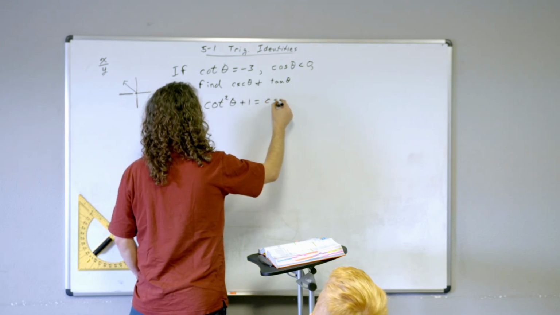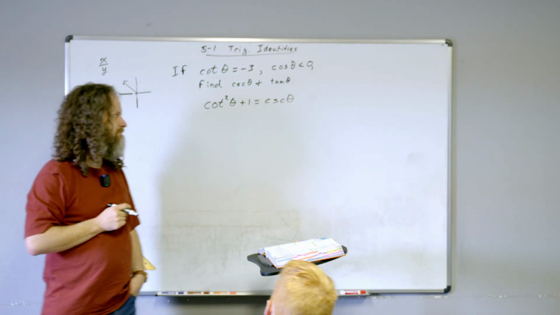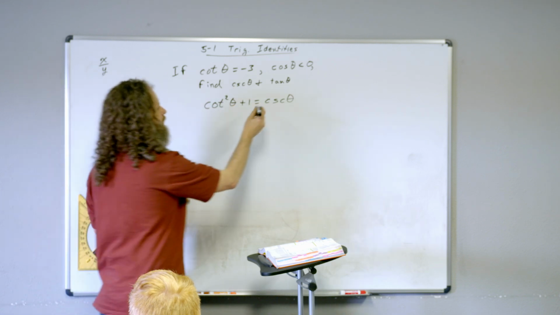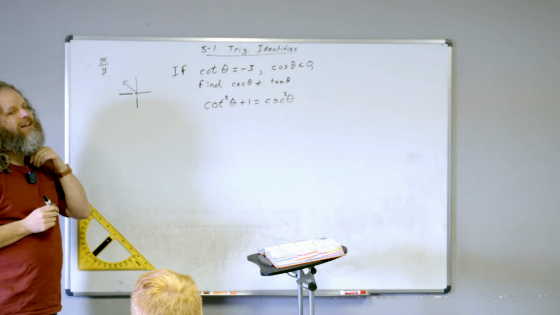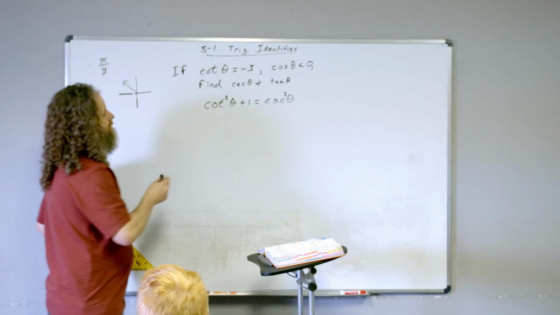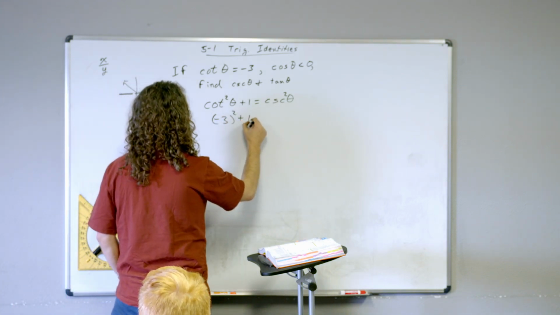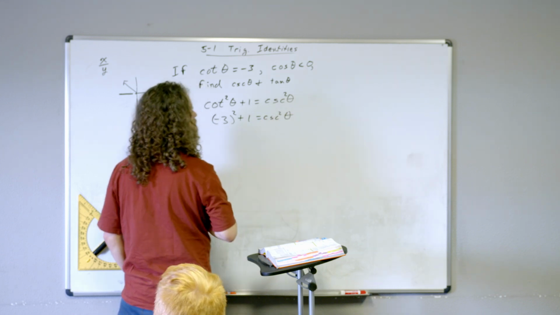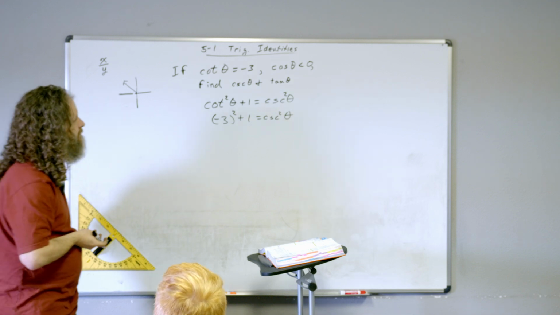Look at that. We got cotangent, we're looking for cosecant. We could get there from here, because we know what cotangent of theta is. So it equals -3. I'm gonna square it. What's -3 squared? 9.